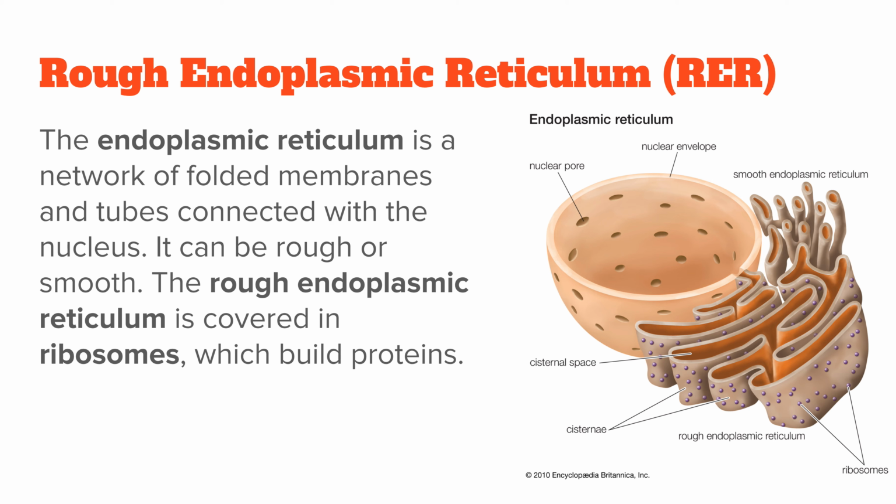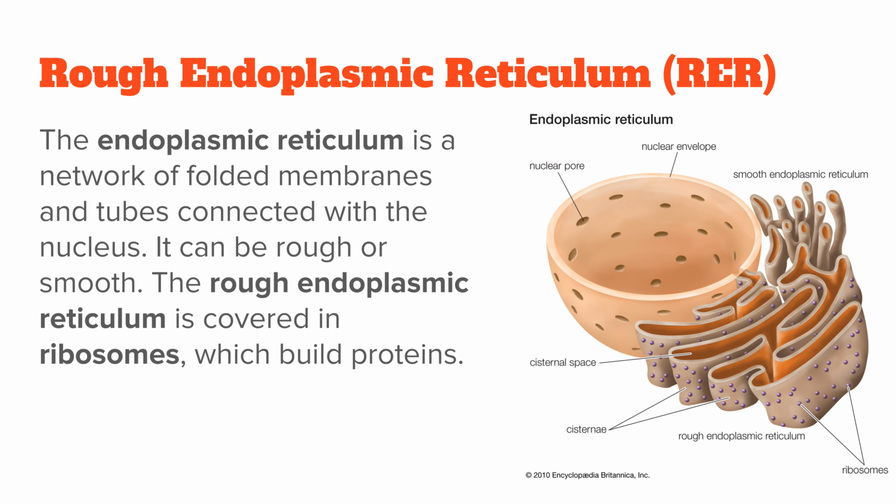The rough endoplasmic reticulum gets its name because it has ribosomes embedded all throughout its surface. So all throughout the membrane of the rough endoplasmic reticulum, you have these ribosomes. And just like the free-floating ribosomes within the cytoplasm, these ribosomes are used for making proteins.